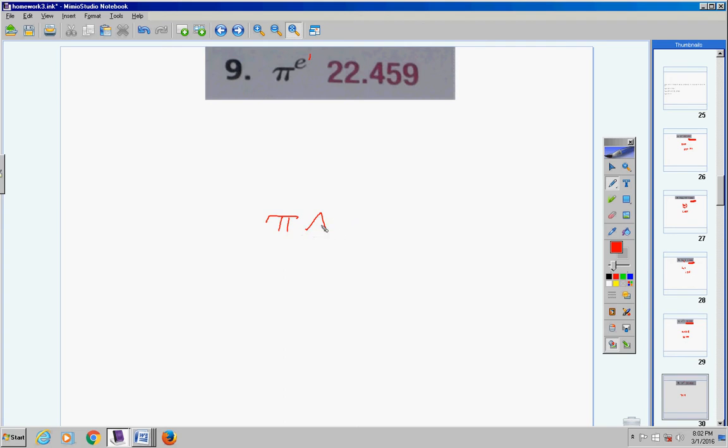So hit your e button, and then put a 1 because e is to the 1 power. Then hit enter, and you should get 22.4591. And this 1 means that you leave the 9 alone.